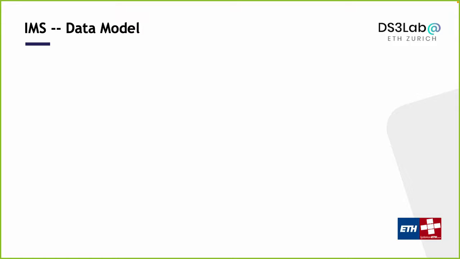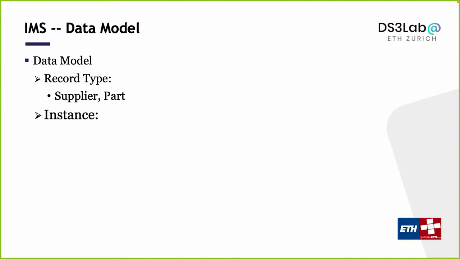So the data model here is, I think about my data as a collection of records. Okay? So I have a whole bunch of records. Each one of them is associated with a record type. For example, I have my supplier, and I have part. And then there's a whole bunch of instances, right?